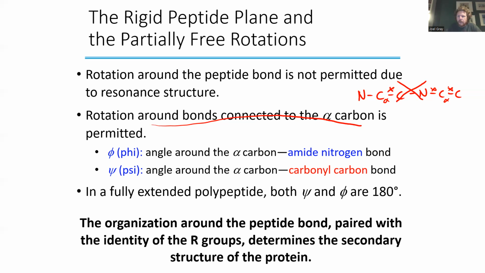Now, with that said, those bonds have specific angle measures that they can rotate. The phi angle is around the alpha carbon, the amine nitrogen bond, so that would be this one right here, for example. This is your phi angle. Then the C to C bond is another way to describe what's known as the psi angle.